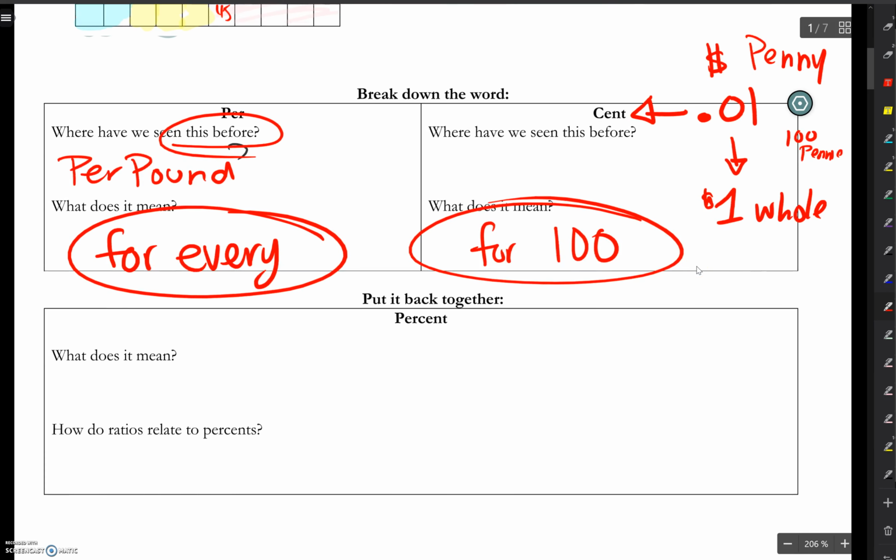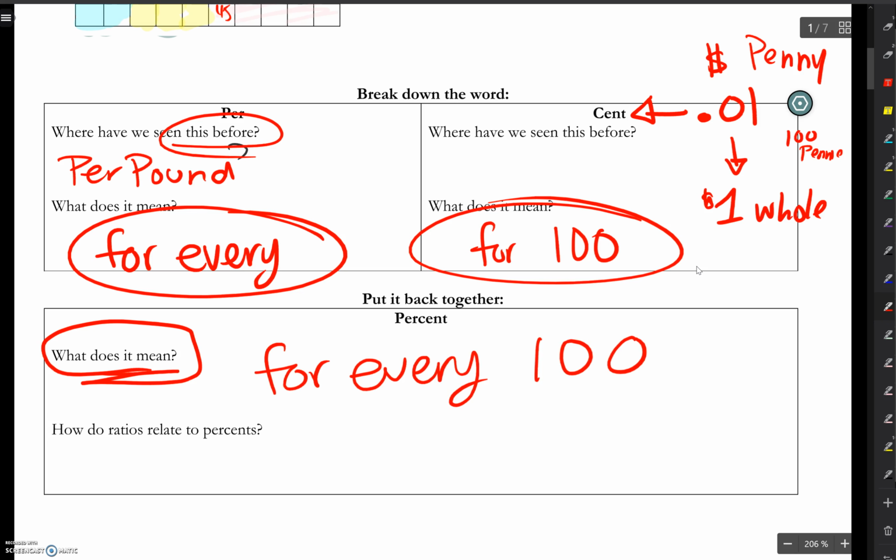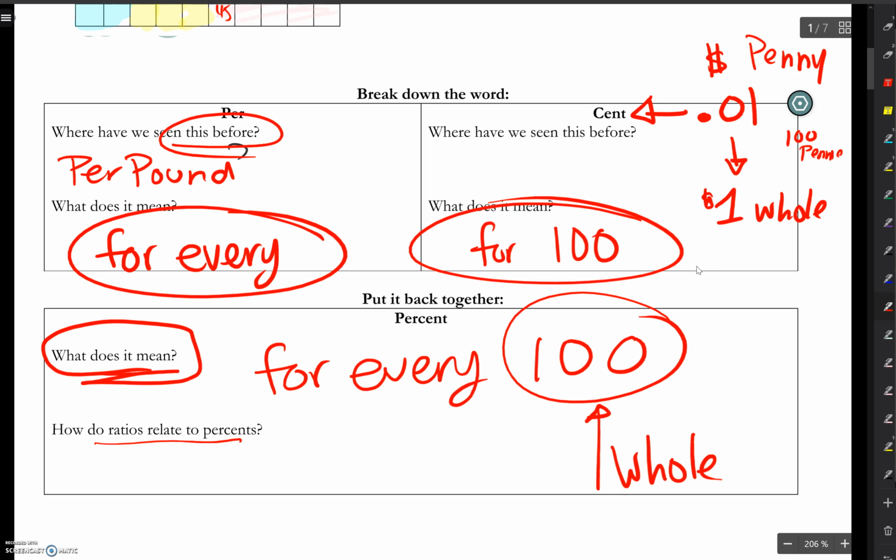What does the word percent mean? The word percent means for every 100. And how do ratios relate to percents? Well, 100 would be the whole amount when we're dealing with ratios.